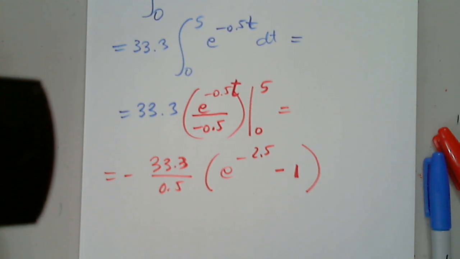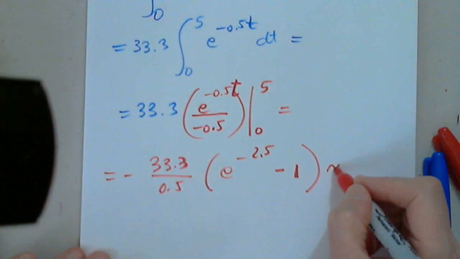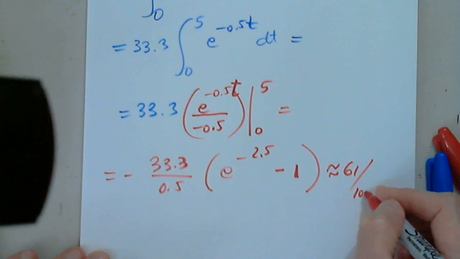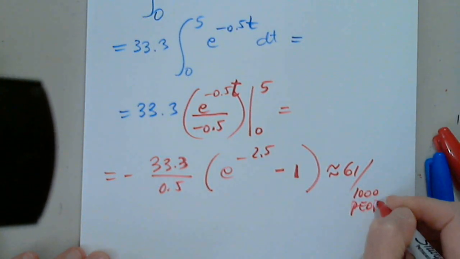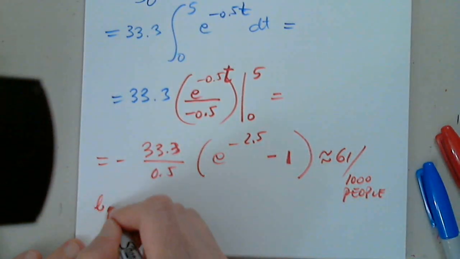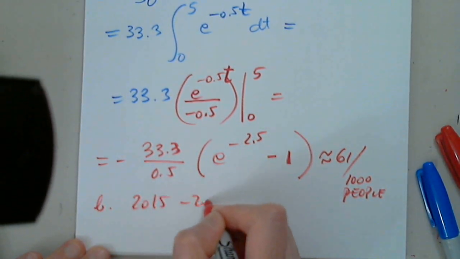Then estimate the total number of divorces in Texas between 2015 and 2020 is the same. So that was approximately, I should write this answer here, 61 per 1,000 people. And the other one, part B, between 2015 and 2020.